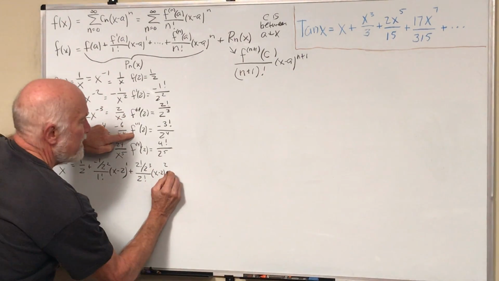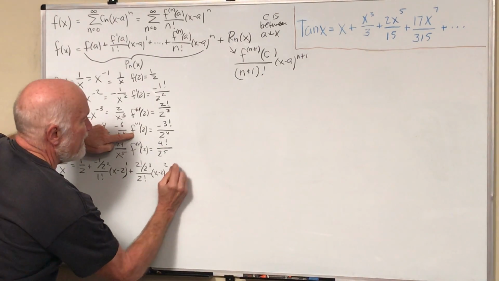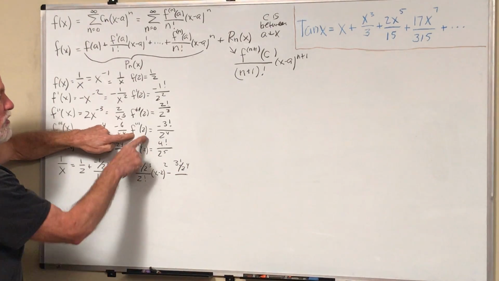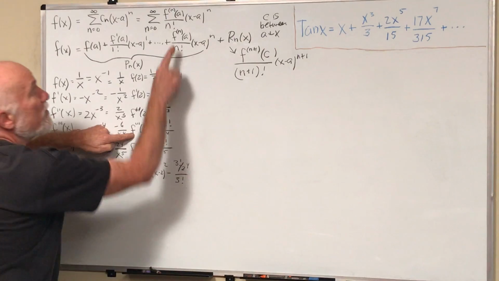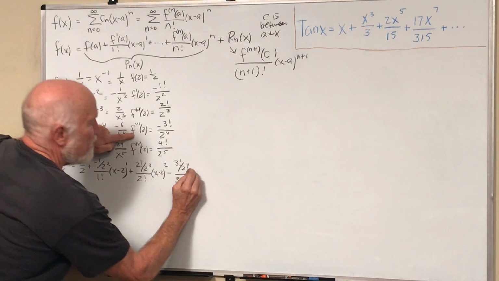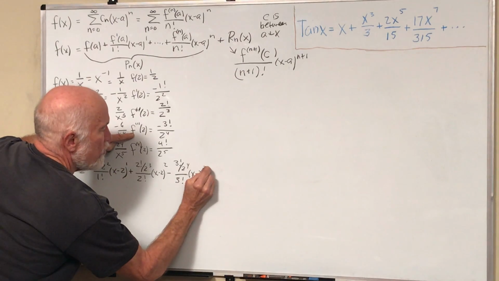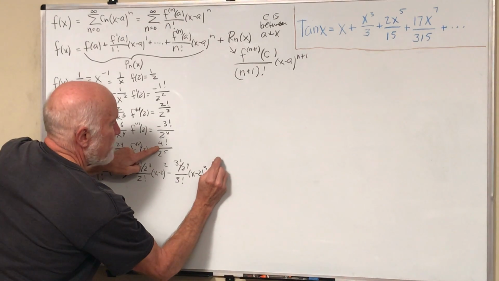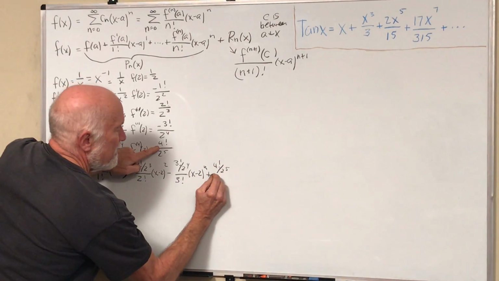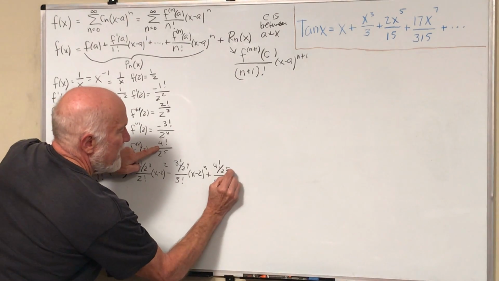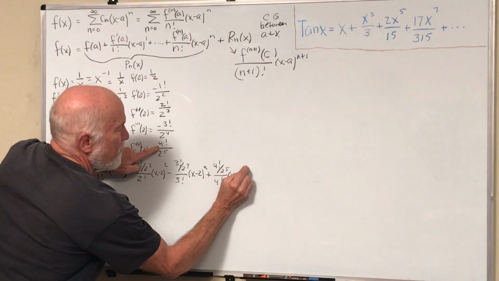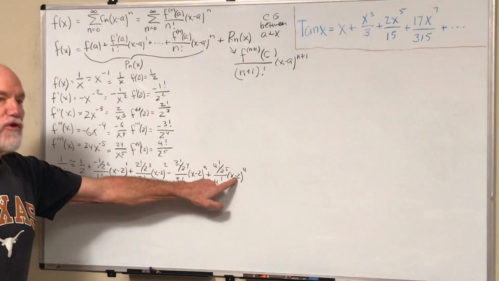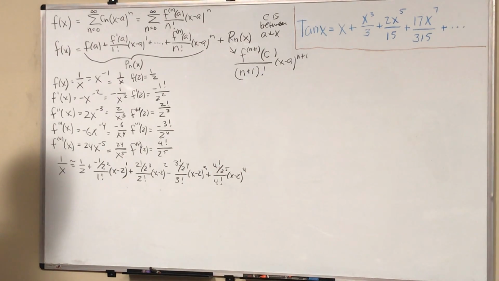Then the third: minus 3 factorial over 2 to the fourth, all divided by 3 factorial, times x minus 2 cubed, and then the last term, plus 4 factorial over 2 to the fifth, divided by 4 factorial, times x minus 2 to the fourth. And this is approximately equal, because we're only doing a 4th degree Taylor polynomial.